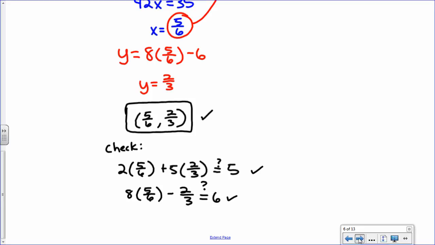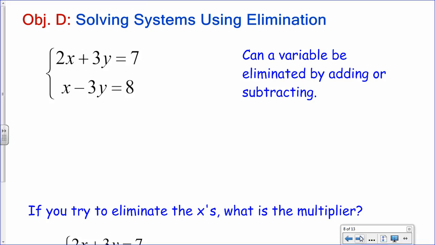All right, time to do elimination. So when you eliminate, you're going to want to either add or subtract your equations to eliminate a variable.